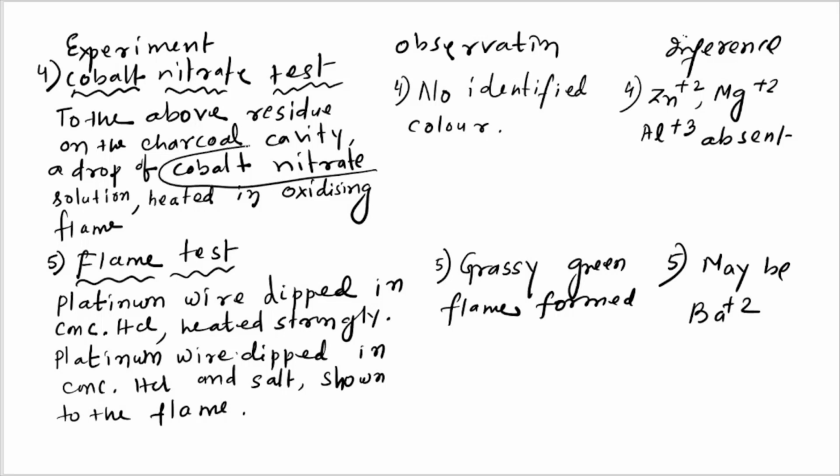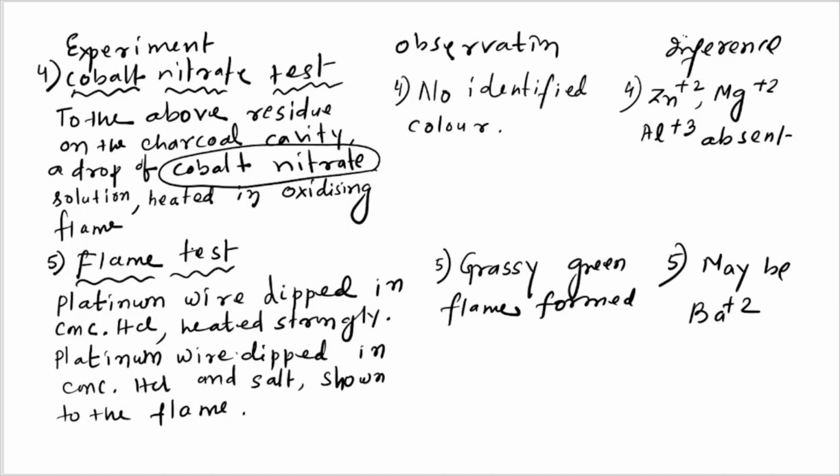Remember, in the dry test tube heating you get a white residue, and cobalt nitrate is added, heated, and shown to the oxidizing flame. No identified color. You can't find whether it is yellow, red, green, or anything like this.